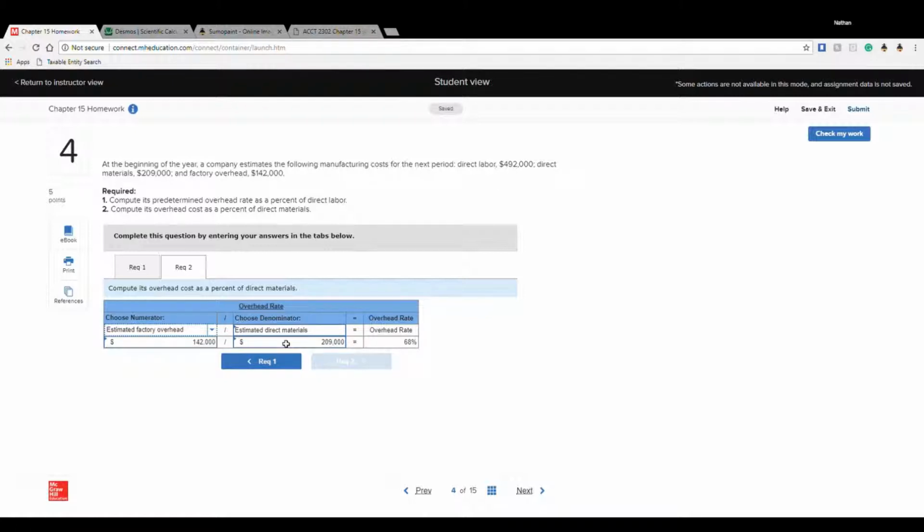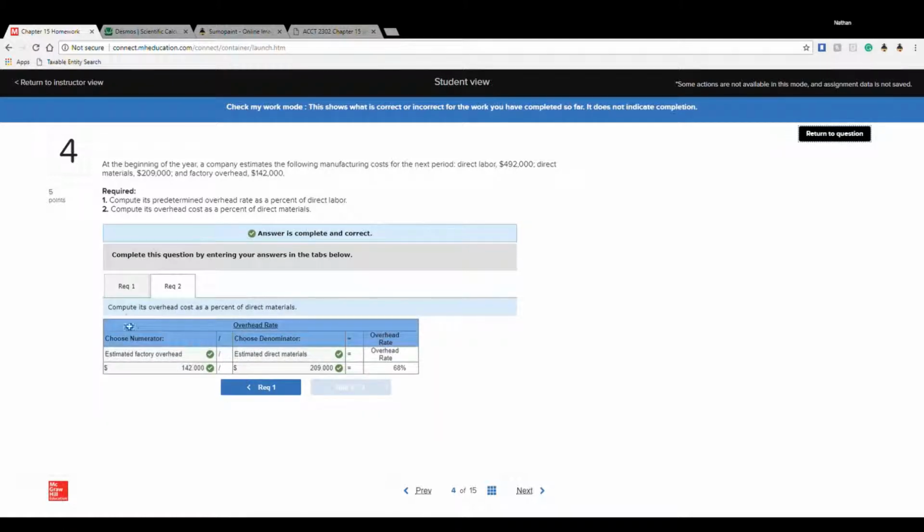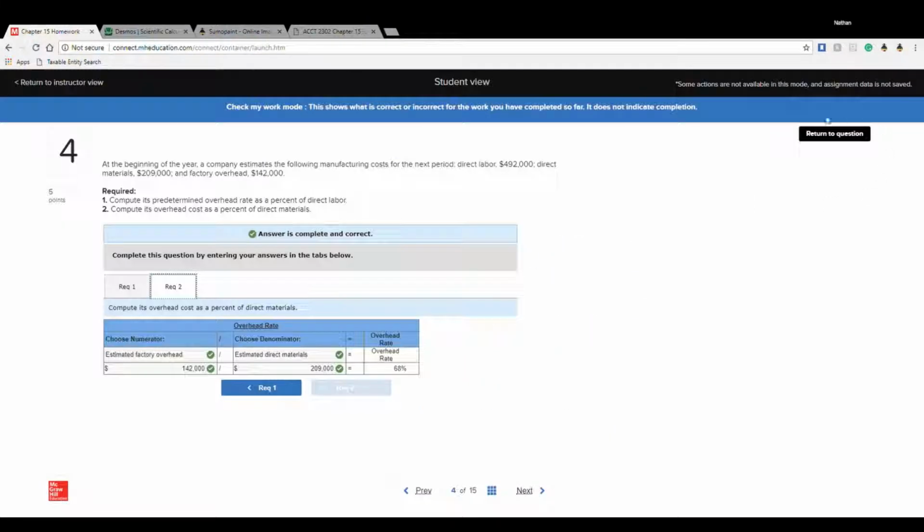So the overhead rate, if we use direct materials, is a lot higher at 68%. This basically means whatever our jobs are, we're going to have to multiply by this rate. So again, double check. We know required 1 and required 2 are okay. Again, if I just want to check my notes, it'll let me check that too.